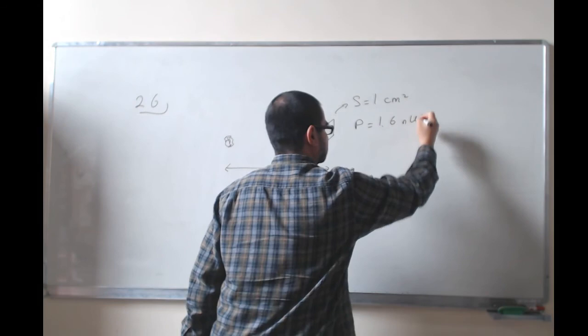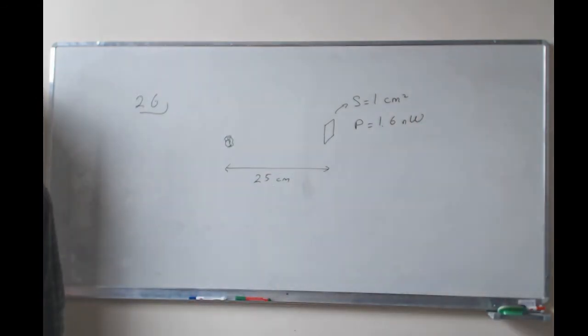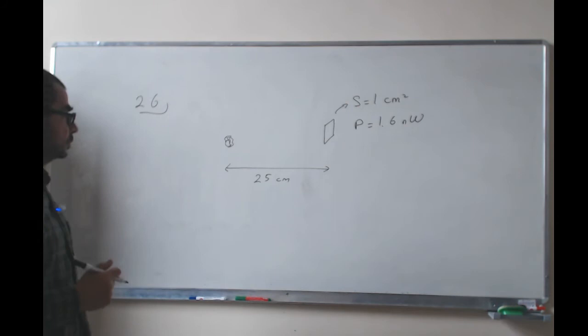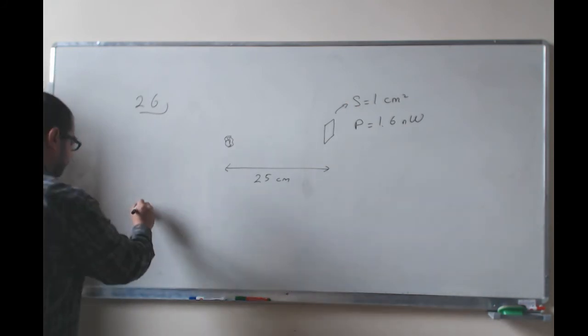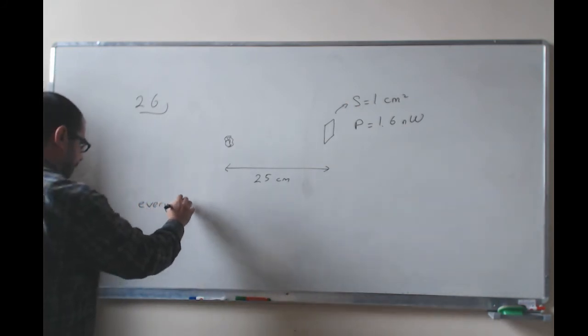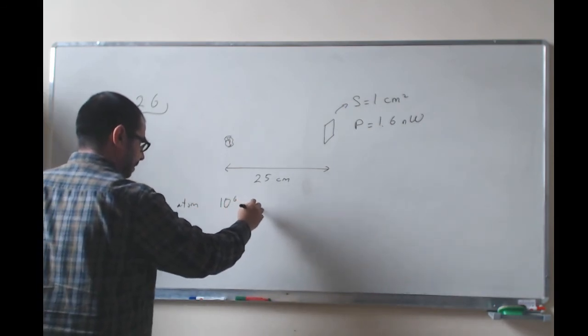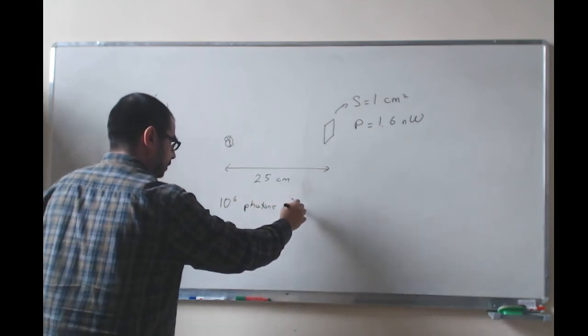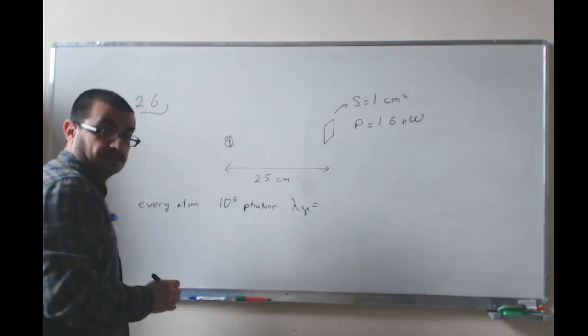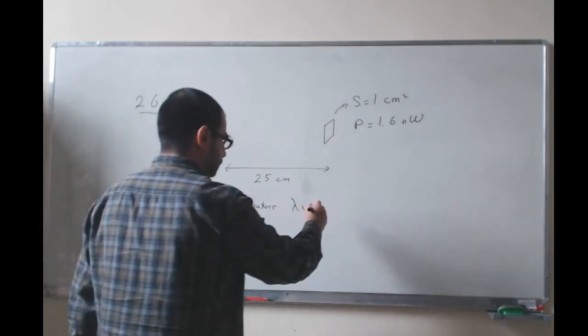Okay. What else? We have each atom emits. So for every atom it has 1 million photons, and the wavelength of these photons is 780 nanometers.